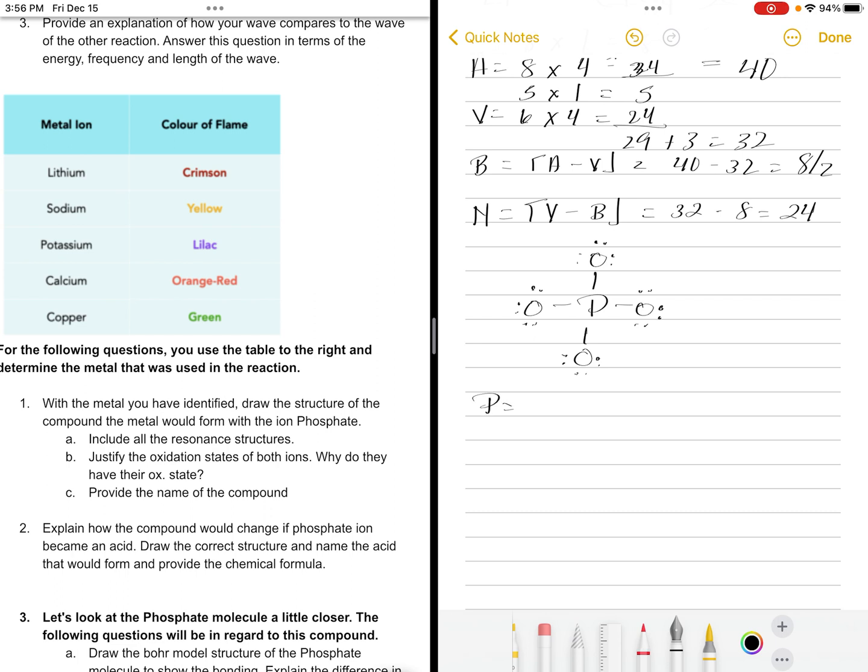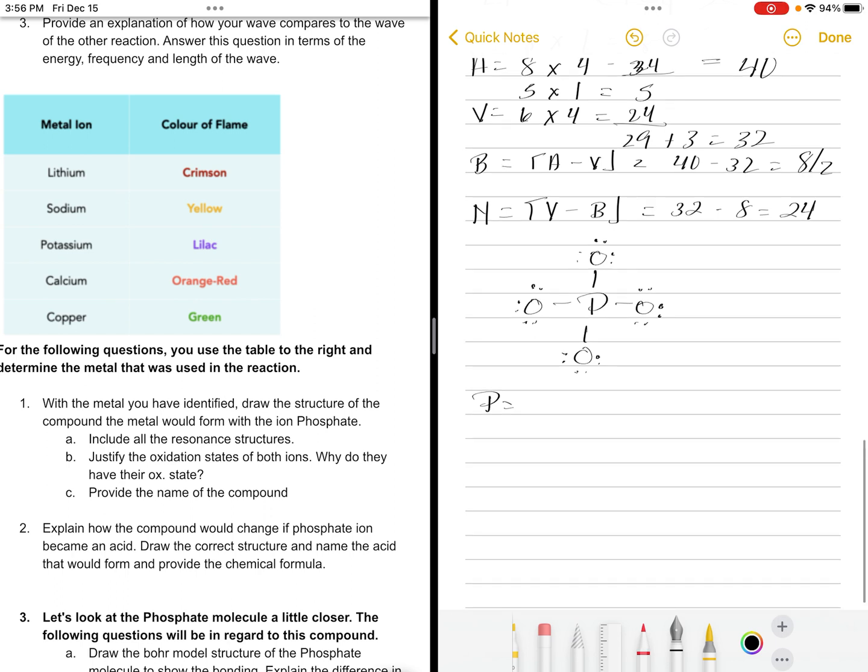The formal charge tells us whether our structure is going to be stable or not, right? So we got to do the formal charge. Formal charge is equal to the number of valence electrons on an element minus the number of bonds on that element minus the number of non-bonded electrons on that element.